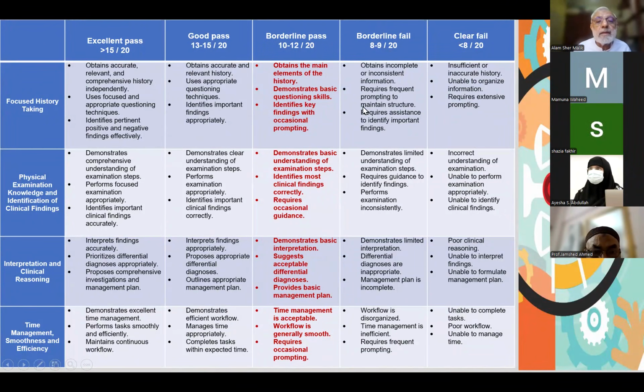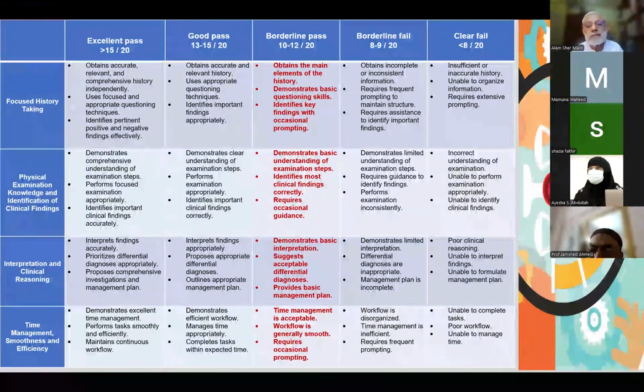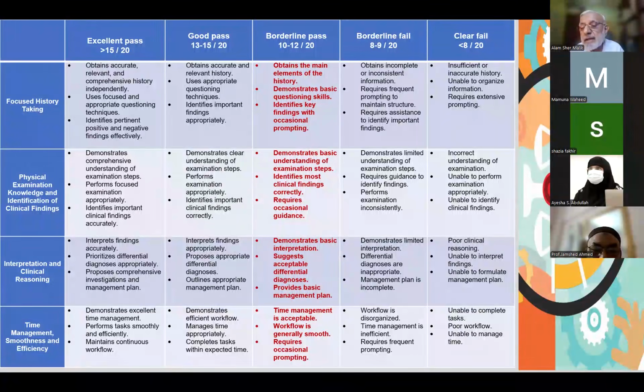For example, in focused history taking, obtains the main element of the history, demonstrates basic questioning skills, and identifies key findings with occasional prompting. Now, if an institution has already identified these criteria, that is a big help for SMEs, right? So then we can simply show this criteria to SMEs, and they have to follow it, right?